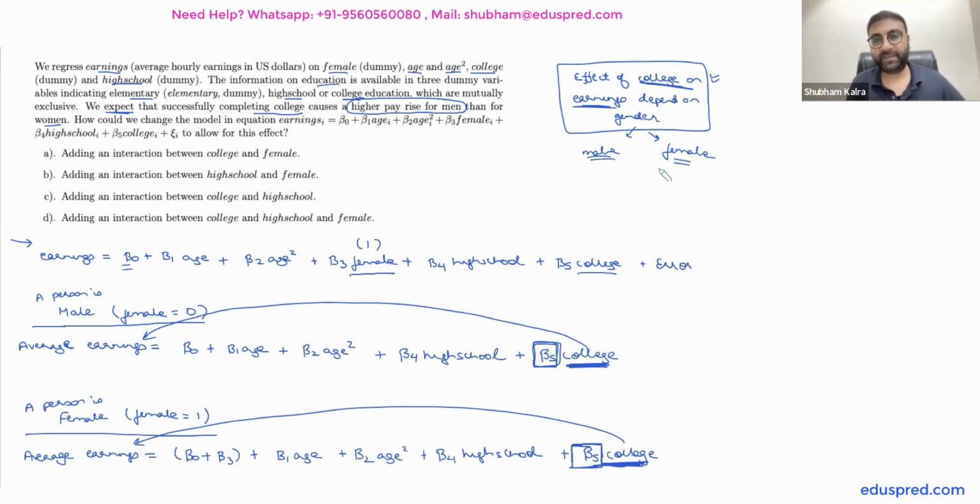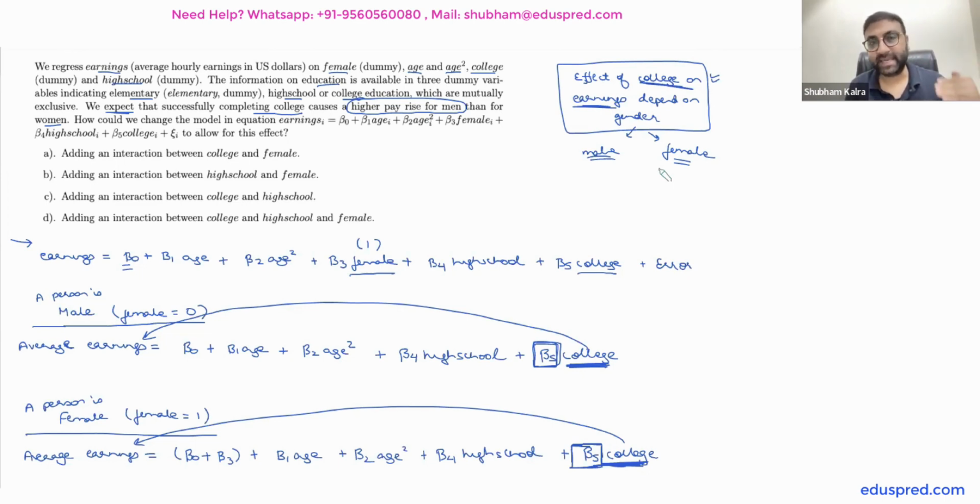I'm going to repeat this once again. Whenever you want the effect of one independent variable to depend on another, you have to introduce a new term, which is a multiplication of both of these independent variables.